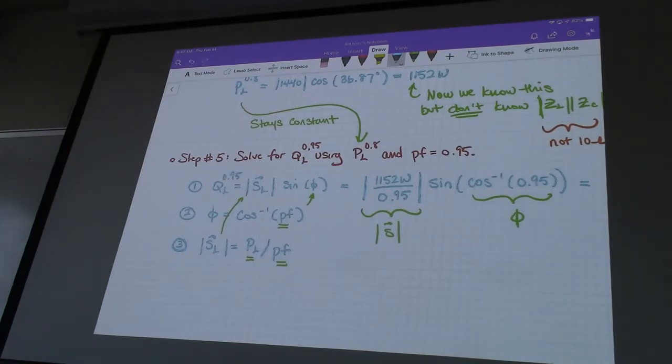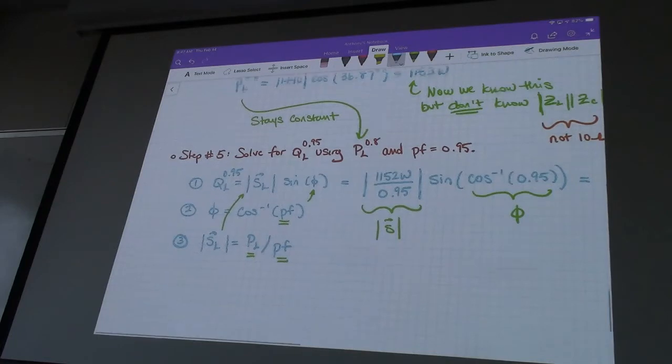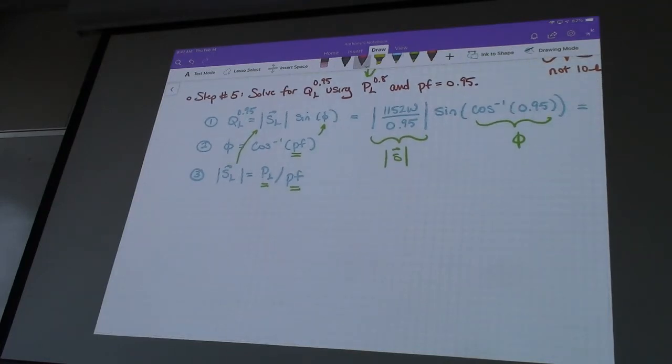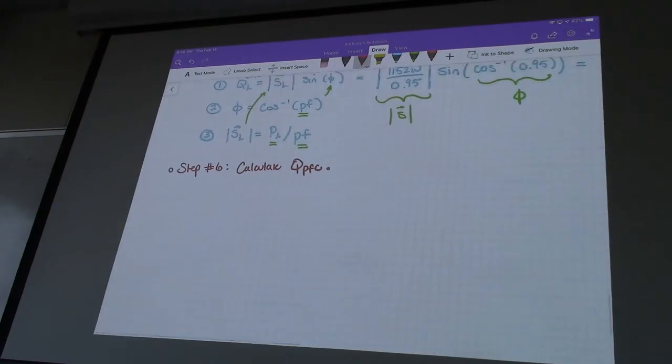All we have to do, lastly, is this: the QPFC, power factor correction, is just going to be equal to the old value minus the new value.